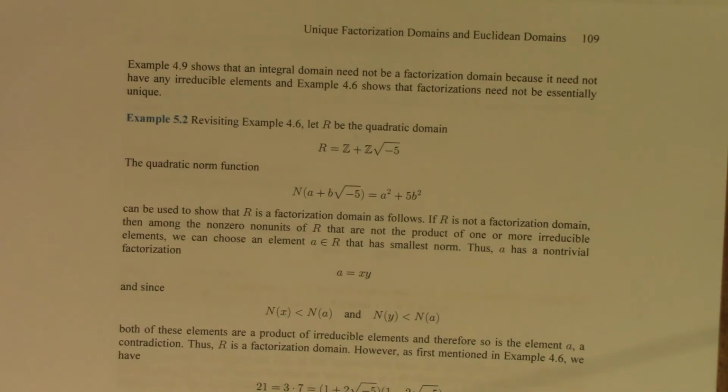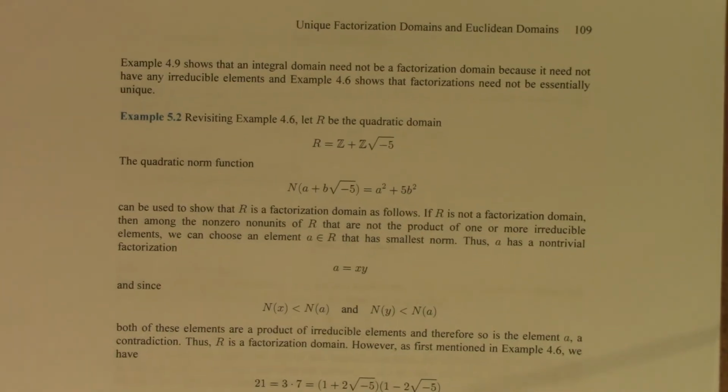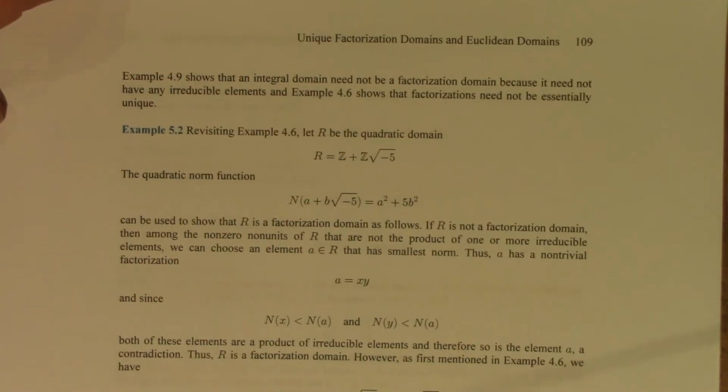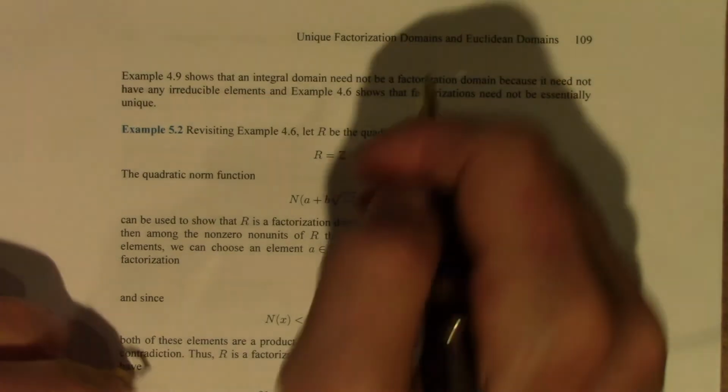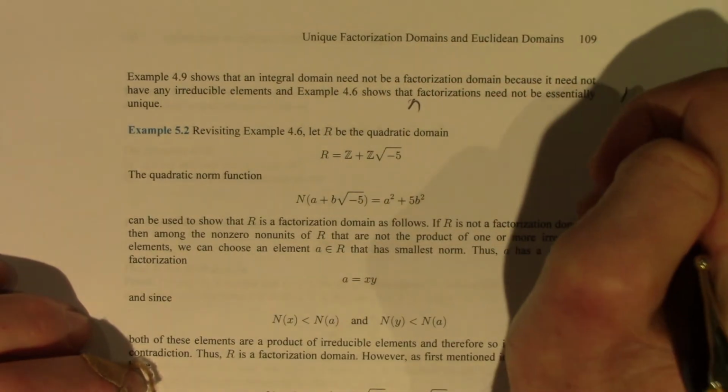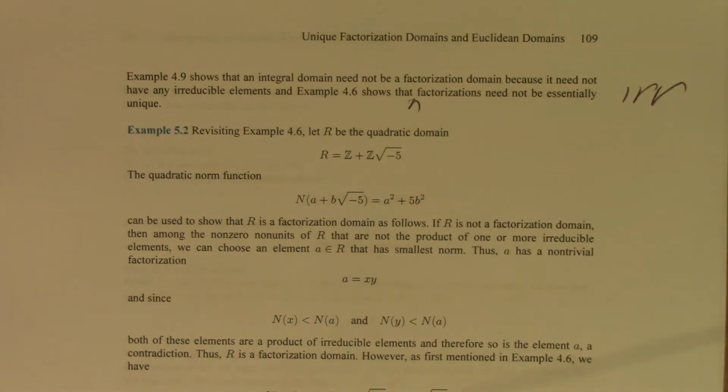Example 4.9 shows that an integral domain need not be a factorization domain. I just mentioned that earlier, because it need not have any irreducible elements. Example 4.6 showed that factorizations, irreducible factorizations I guess I should say, need not be essentially unique.